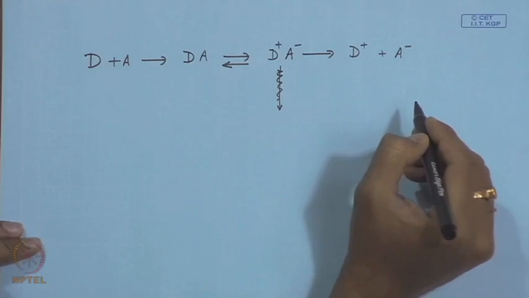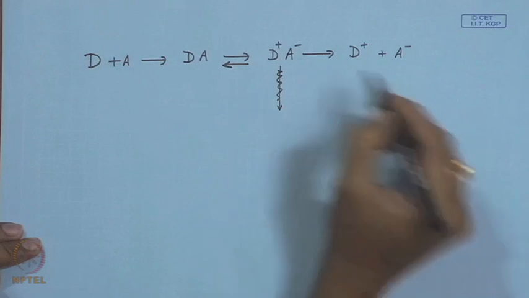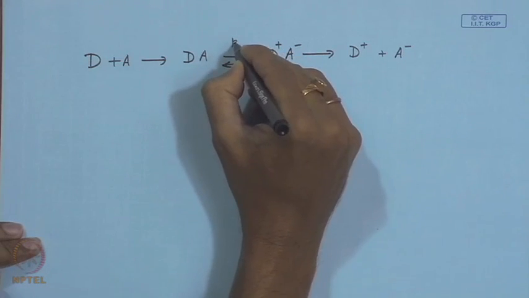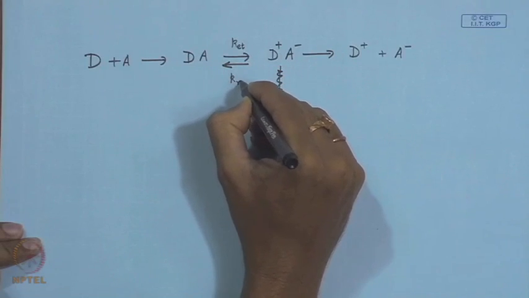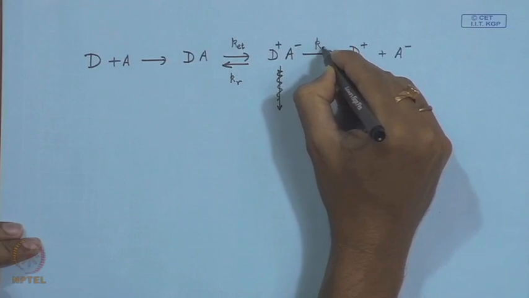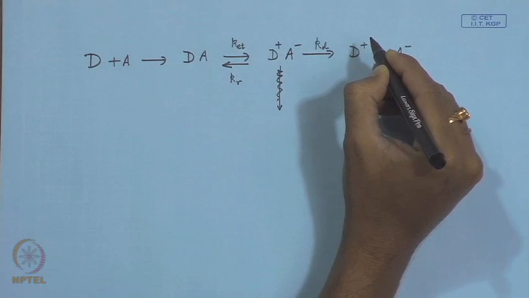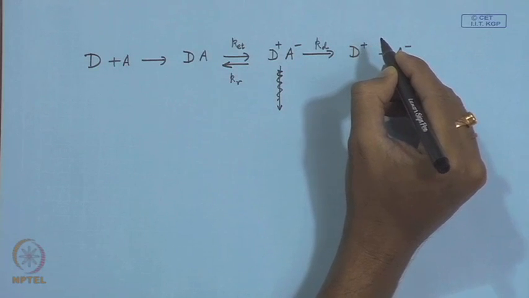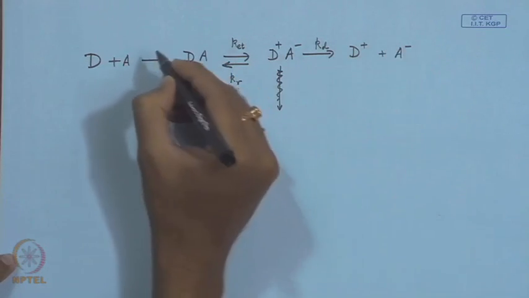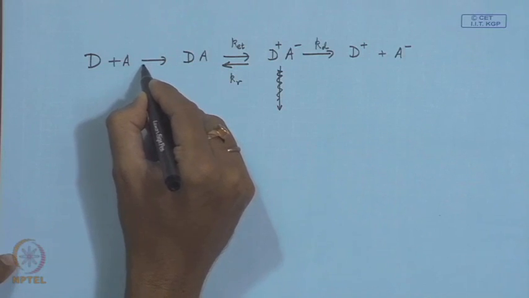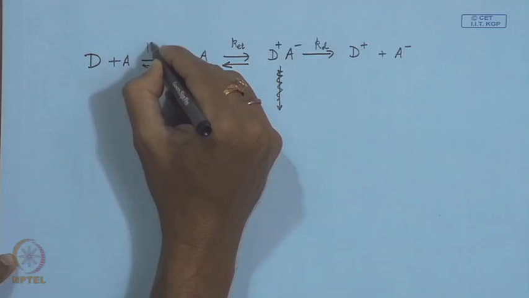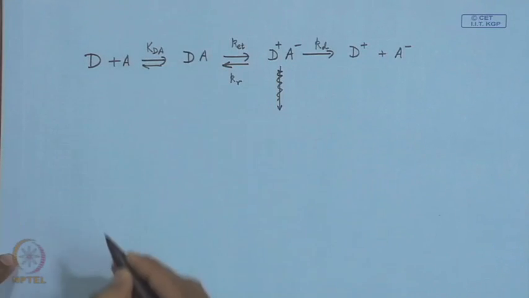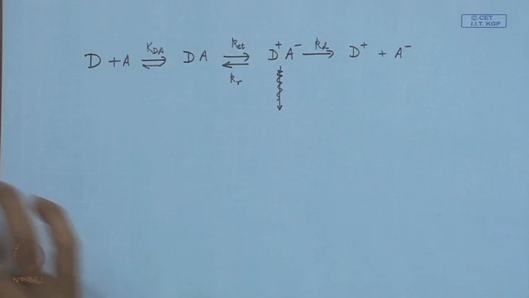So this is your KET, this is your KR, this is your KD. And this equilibration is your KDA, the equilibrium constant.